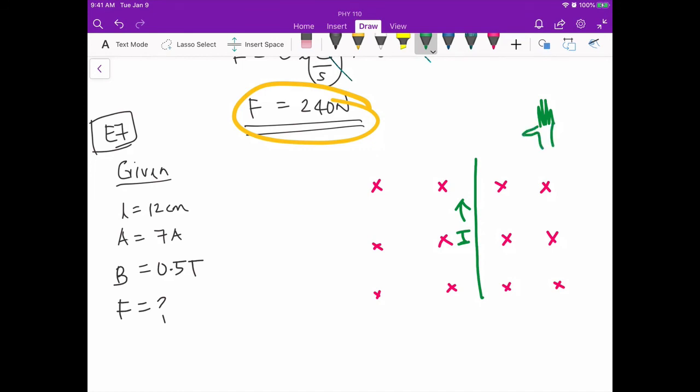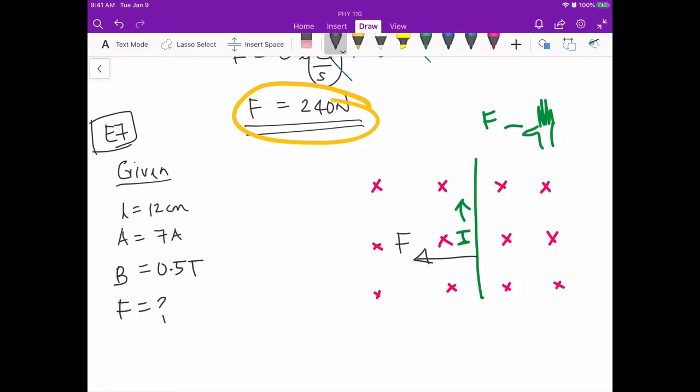So the direction of your thumb is going to be the direction of the force. That's what I was trying to mention. The direction of the current is assumed to be the direction of the flow of the positive charge. That's a long story because of convention and other things. Anyway, then you have that force F.